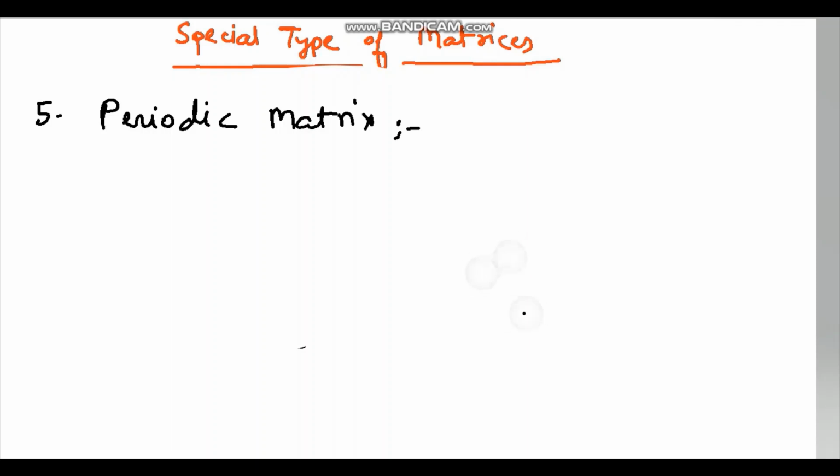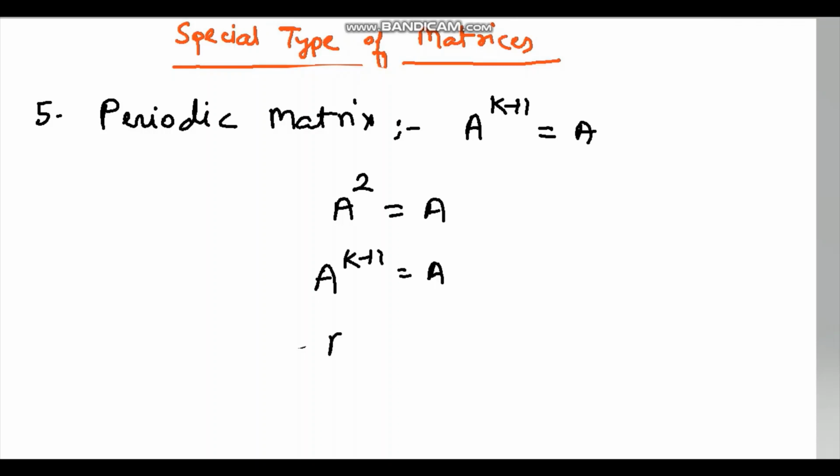If a square matrix satisfies the relation A to the power k plus 1 is equal to A, then it is a periodic matrix and its period is k. Let us say A square is equal to A, then A to the power k plus 1 is equal to A, where k is 1, so 1 plus 1 is 2. Hence this matrix is a periodic matrix of period 1.